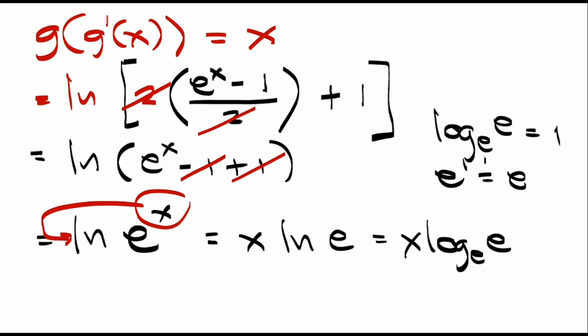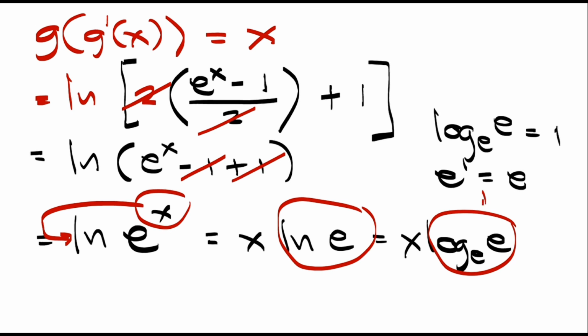So base is raised to the other side, which is 1. So e to the first is equal to e. So this expression is equal to 1. And x times 1 is equal to x.